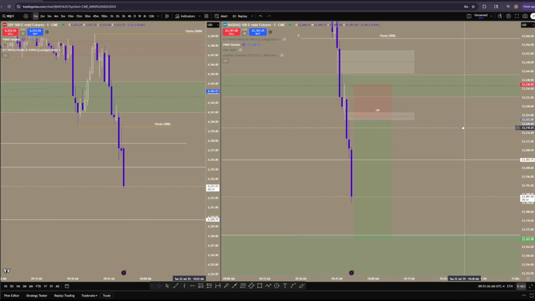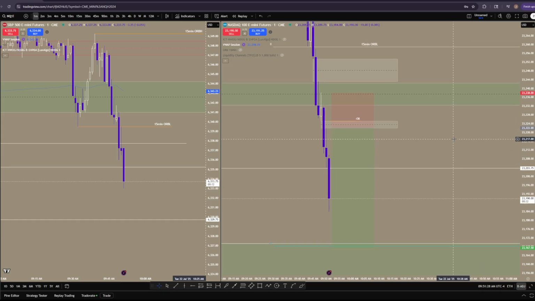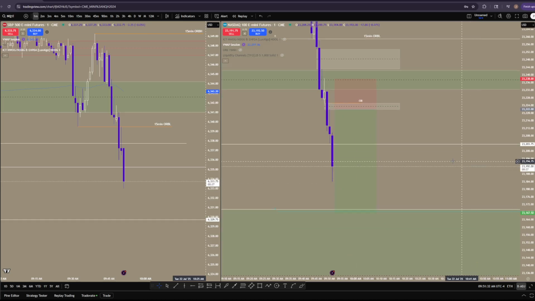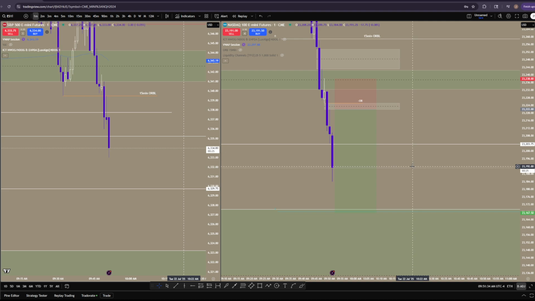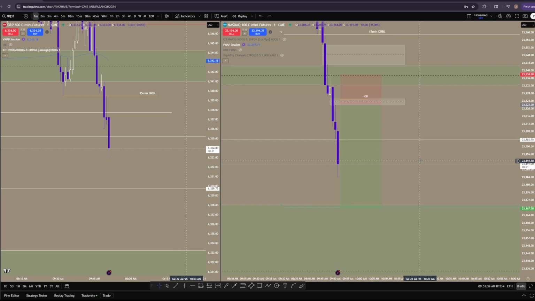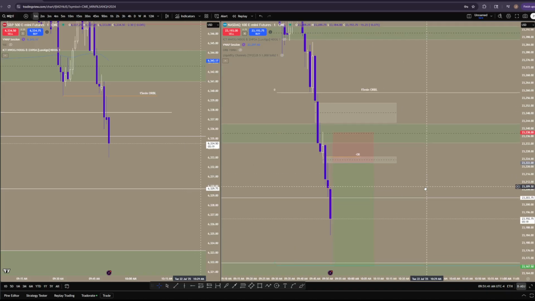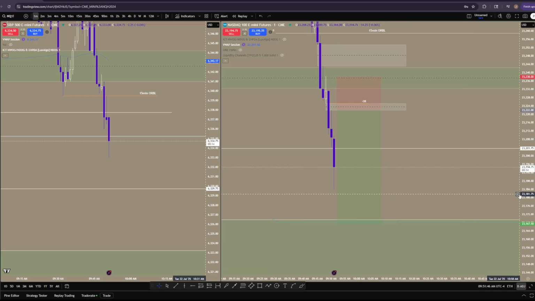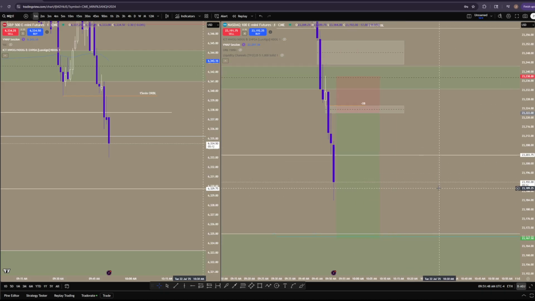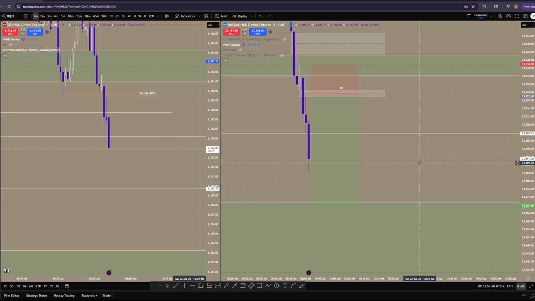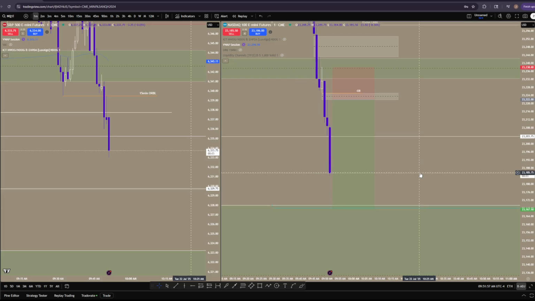Literally not one pullback and just such an aggressive sell-off. So I just got to watch this one from the sideline right now. See if we'll get a setup here during the macro.